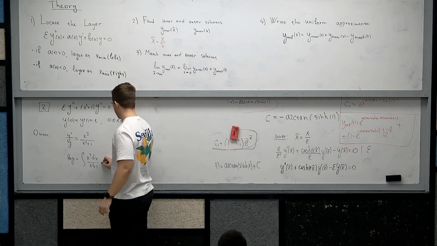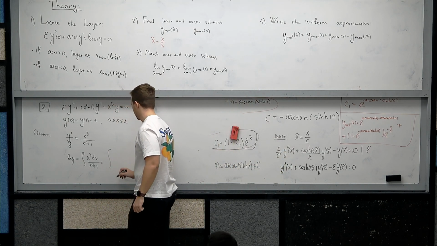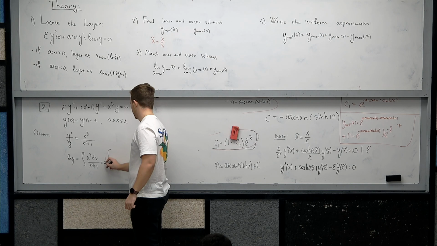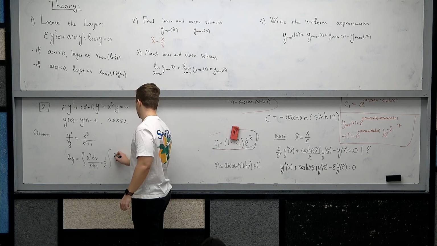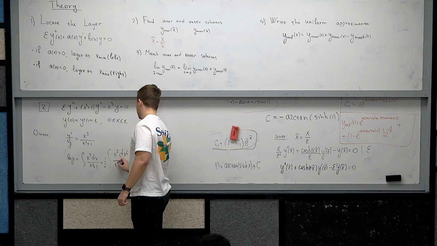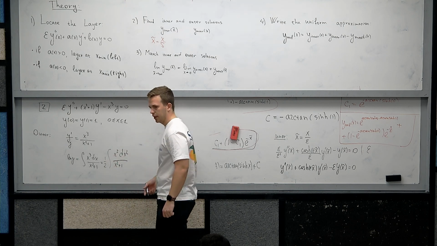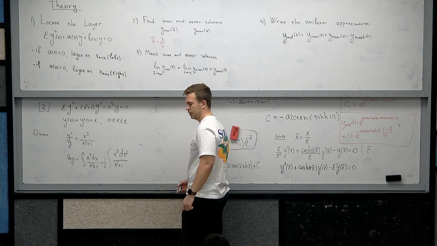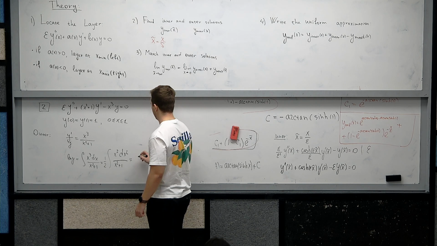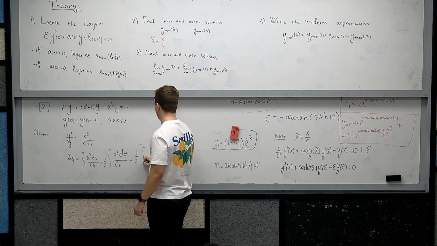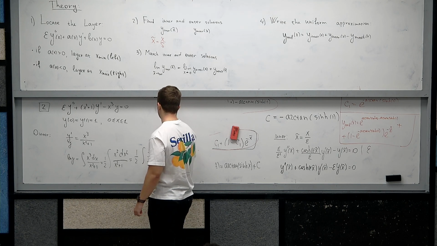Here I can do the same trick: 1/2 x squared d(x squared) divided by x squared plus 1. Then I rename x squared as t. Now I have 1/2 integral of t dt over t plus 1.